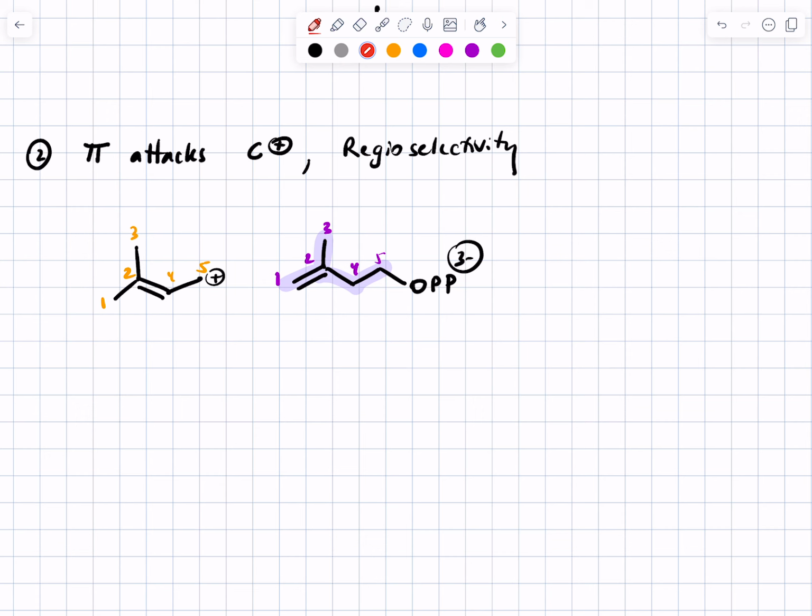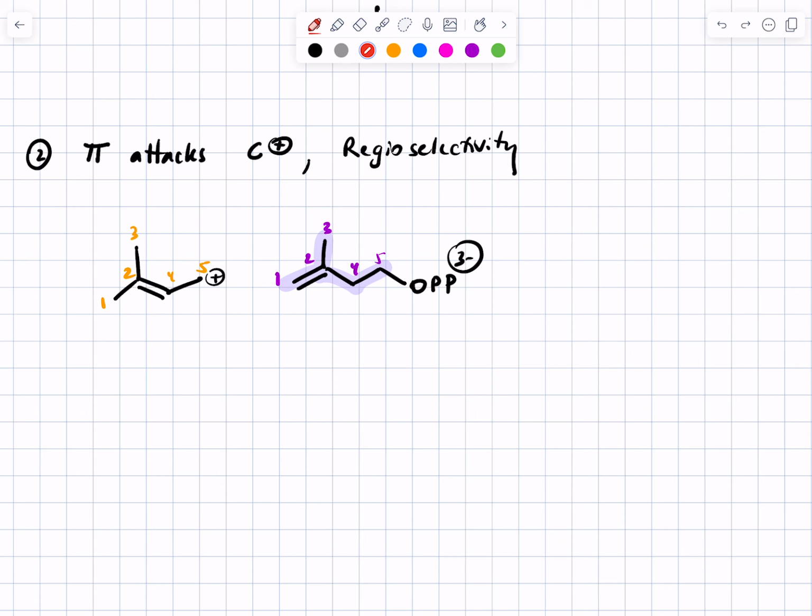And you remember there was a principle there. Who should get it? Should we make the new bond with purple 2 or purple 1? Why? So that 2, the more substituted carbon, can have the positive charge where it's more stable. Because you remember that more substituted carbocations are more stable, because alkyl groups are electron donating.